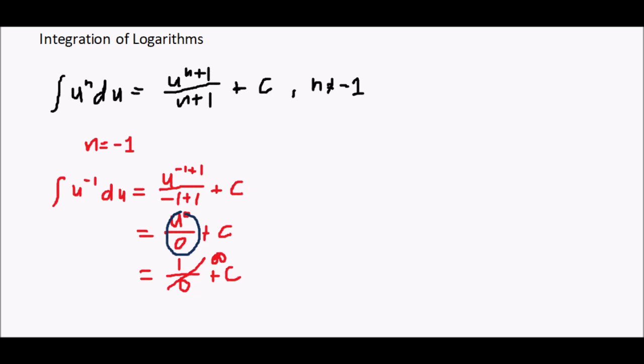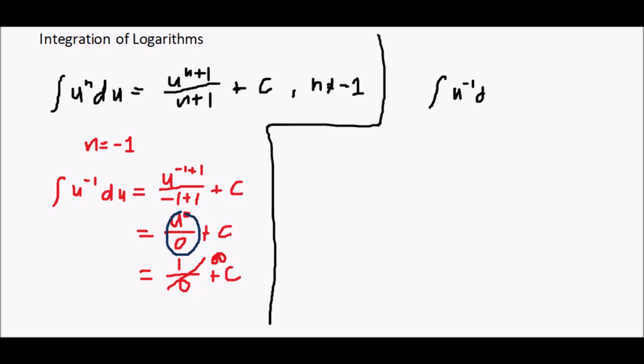To resolve this dilemma, we will use a new equation, which is the integral of u to the negative 1 du is equal to ln u plus c.